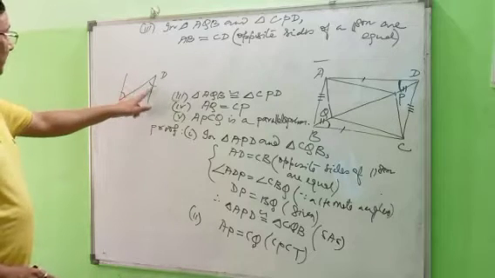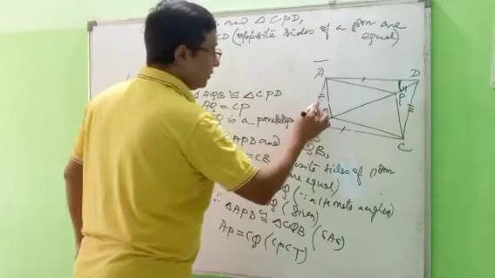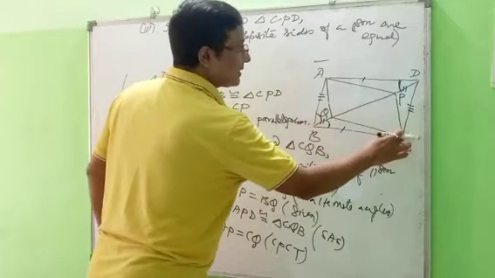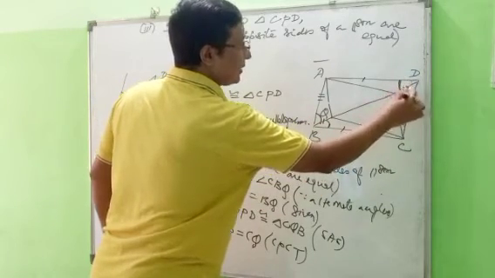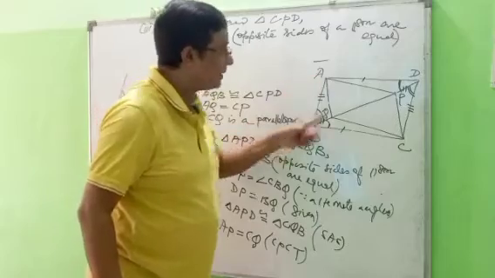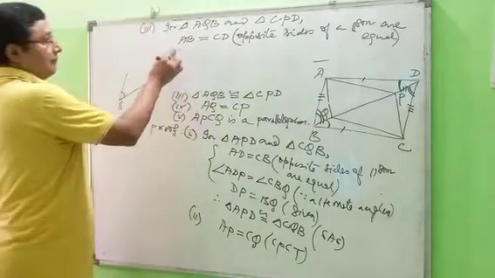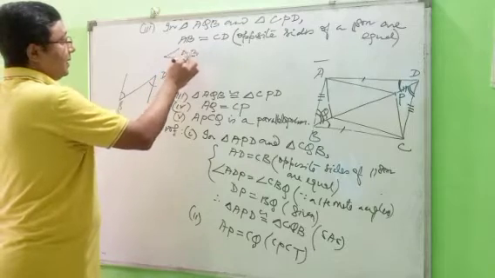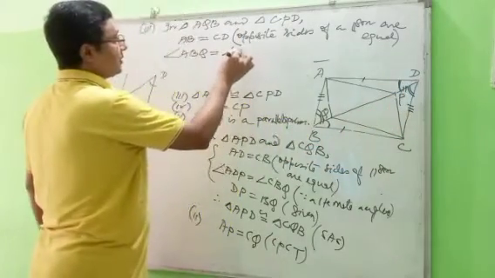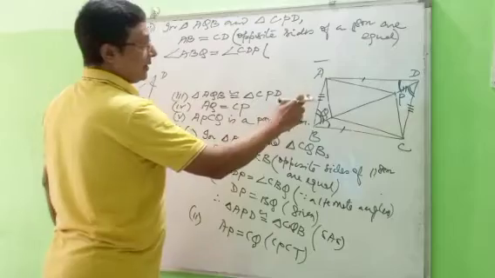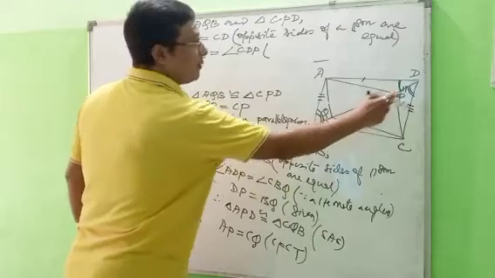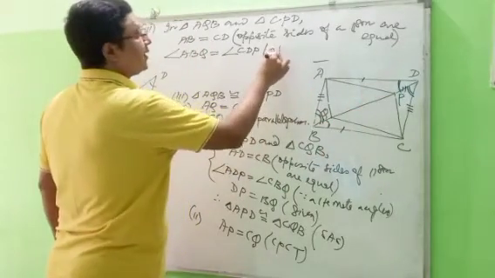So angle ABQ equals angle CDP, because AB is parallel to DC as the figure is a parallelogram, and that is why they form a pair of alternate angles.